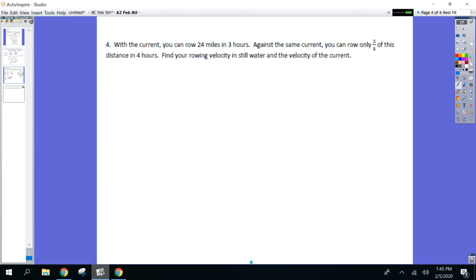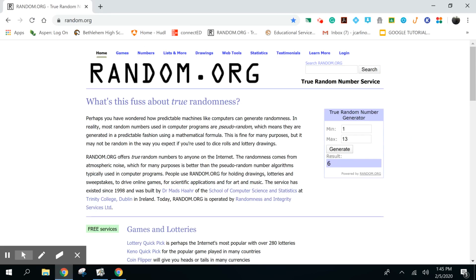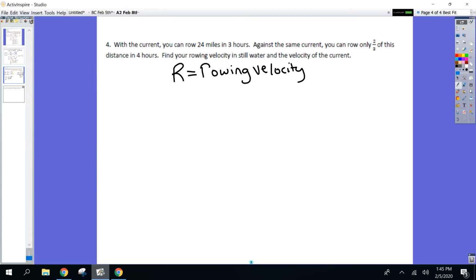One thing I gotta find here. Okay, I'll call that R. And the other one I gotta find. Velocity of current. Nice job.